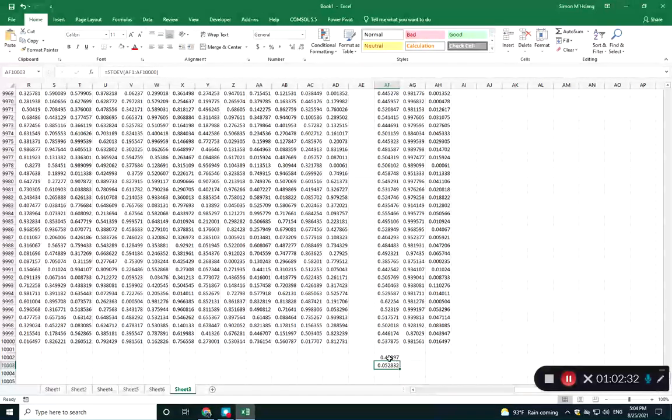And 0.5, it's easy to remember, even though I'm just using approximation.